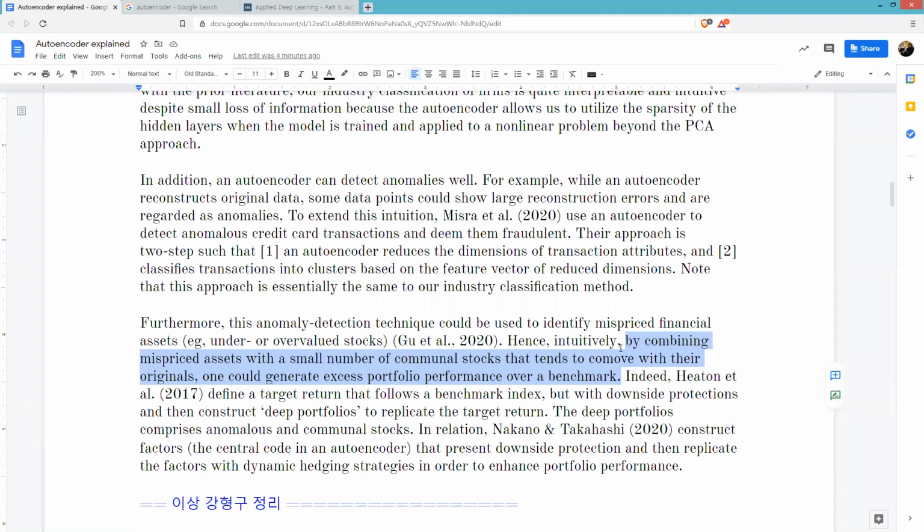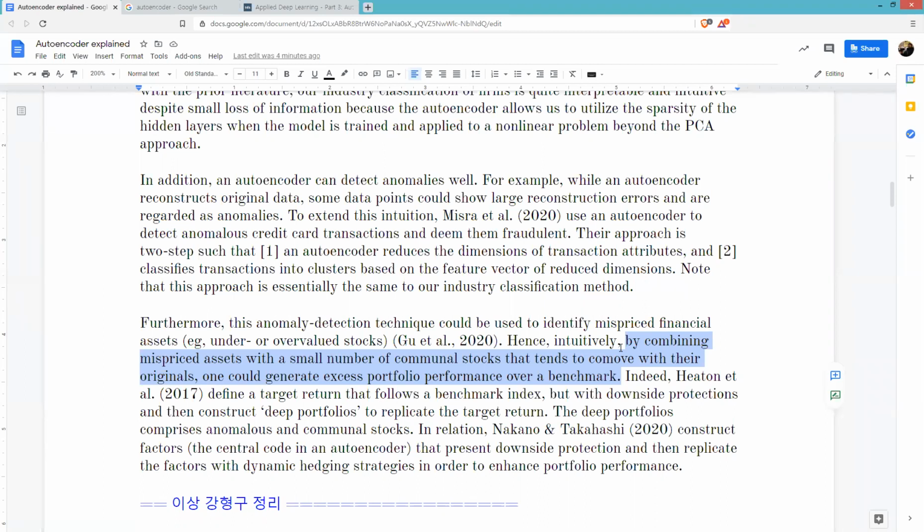Enhanced benchmark means performance better than the benchmark. So by slightly modifying the benchmark, they designed an enhanced benchmark, and then they developed a portfolio that tracks the enhanced benchmark. If their strategy is right and successfully tracks the enhanced benchmark, then by definition, they can beat the benchmark because they follow the enhanced benchmark.